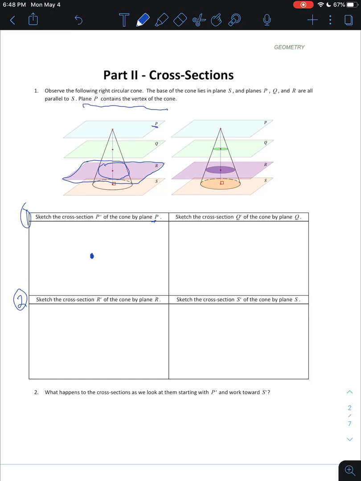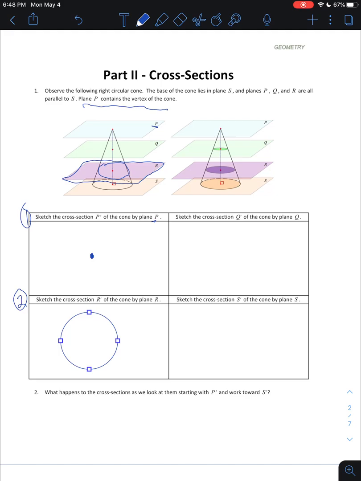So basically, if we sketch the cross section, it would just be a circle, right? Actually, I can make that a little nicer. There we go. Beautiful. So it just ends up being a circle.